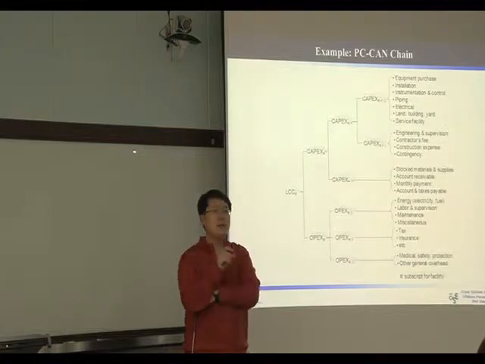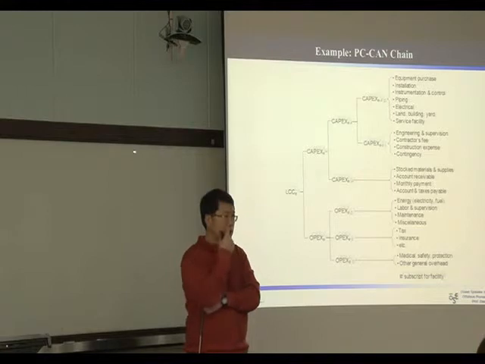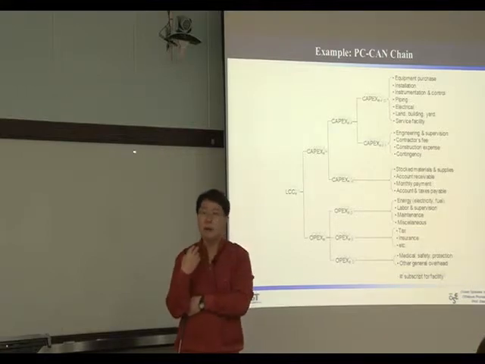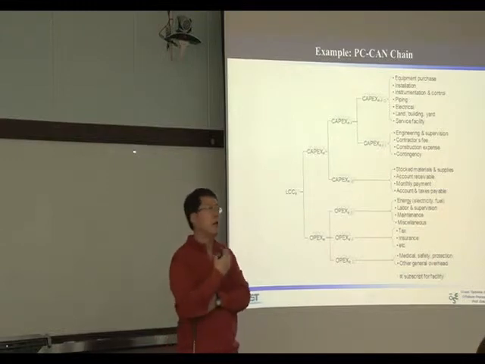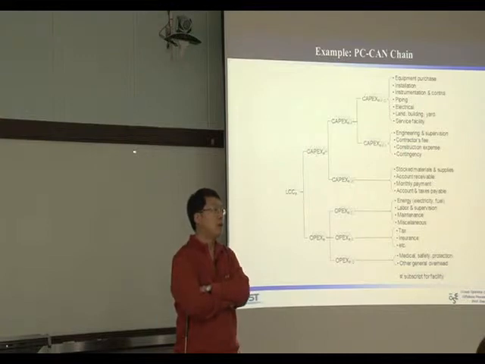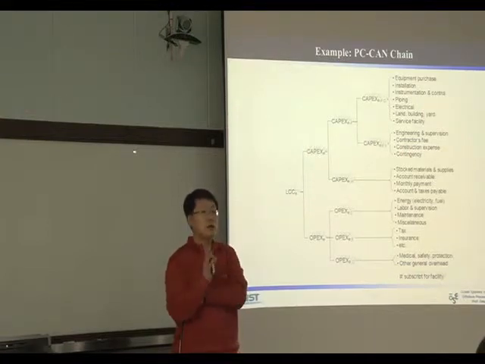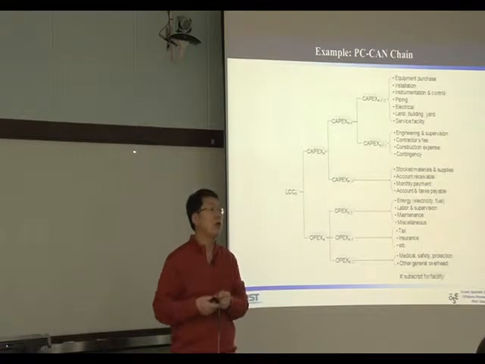Actually, we cannot estimate all the detailed component costs. So what we can do at the early stage is to estimate the main part of the plant or facility. Then the other costs can be estimated through a kind of proportional rate.